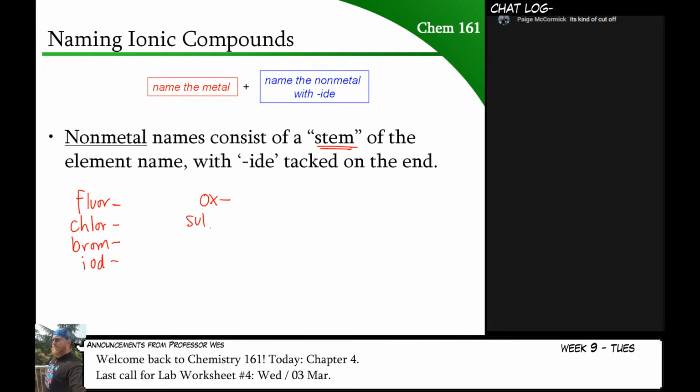Sulfur will be sulf. And then selenium will be selen. And then nitrogen and phosphorus will be nitr and phosph. And that's pretty much it. There's not one for carbon because carbide is actually a different compound. It's not carbon with a -4 charge on it.